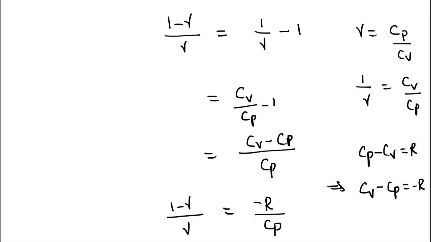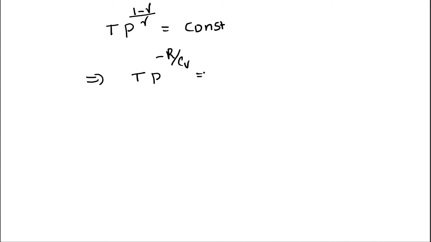Therefore the relationship T times P raised to the power of 1 minus gamma over gamma equal to constant, I can write in a simple way as T times P raised to the power of negative R over Cp equal to constant.